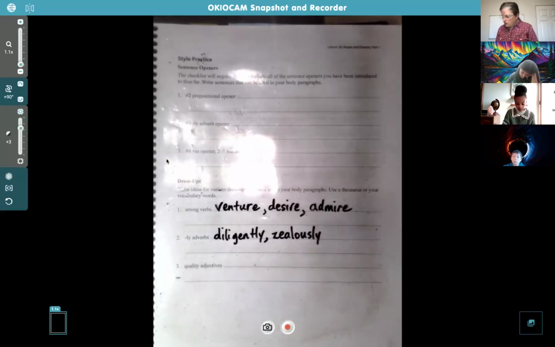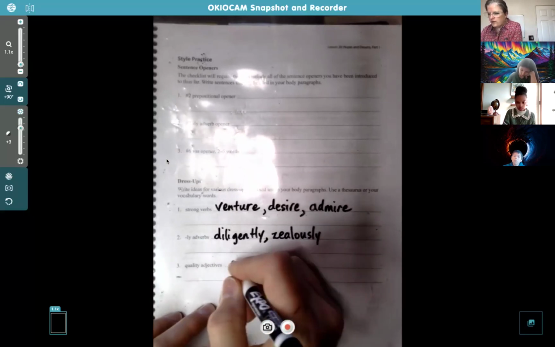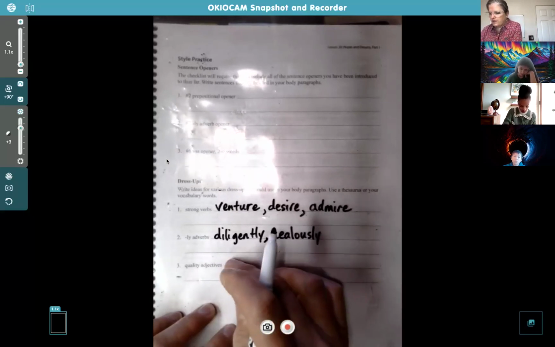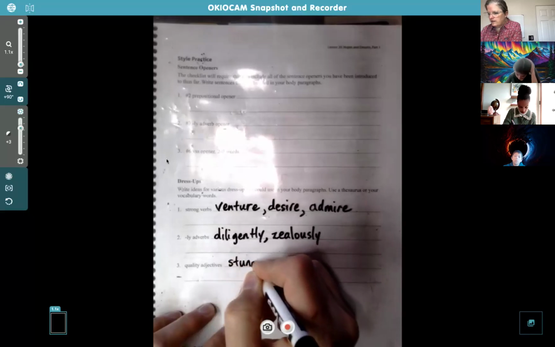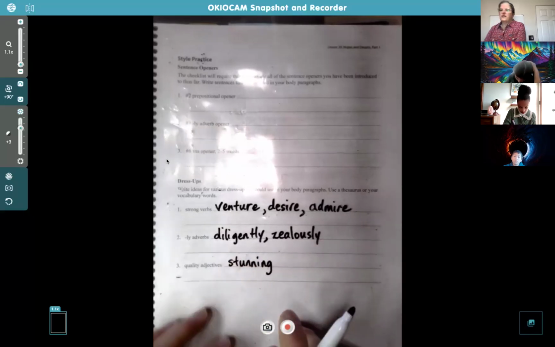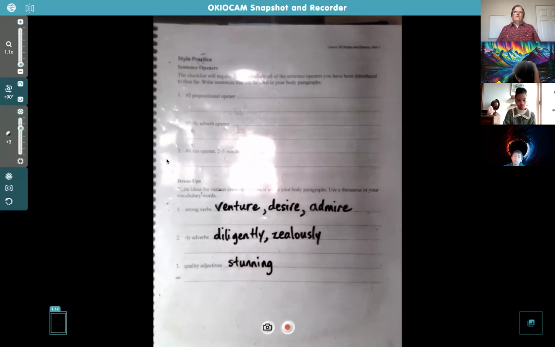Quality adjectives could be like stunning if you're talking about seeing a landscape, like I'm thinking of JC's topic, stunning. Maybe someday you want to see the stunning aurora lights, like what's in Camila's background, in Australia or something like that would be so cool. I really want to see those in real life someday, personally.